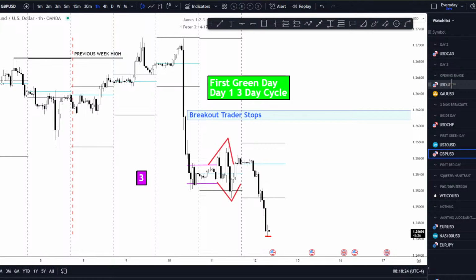CAD, dollar, yen, or pound. I'm going to watch y'all's response and see. I already have in the back of my mind kind of what I think I should be watching.